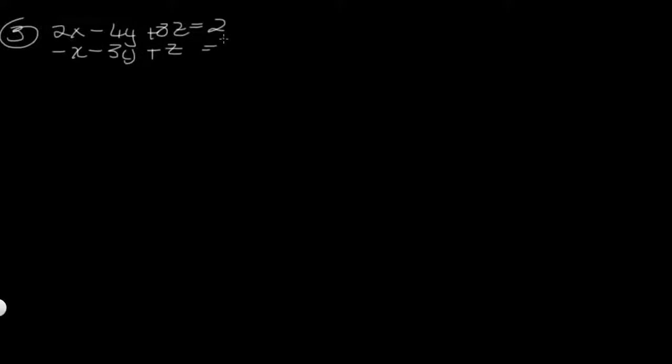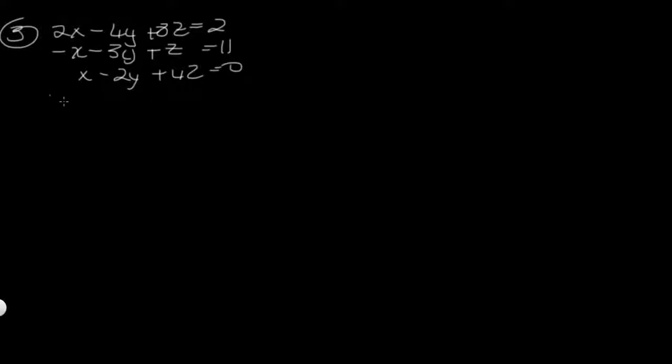So this would be our example number 3. And x minus 2y plus 4z equals 0.